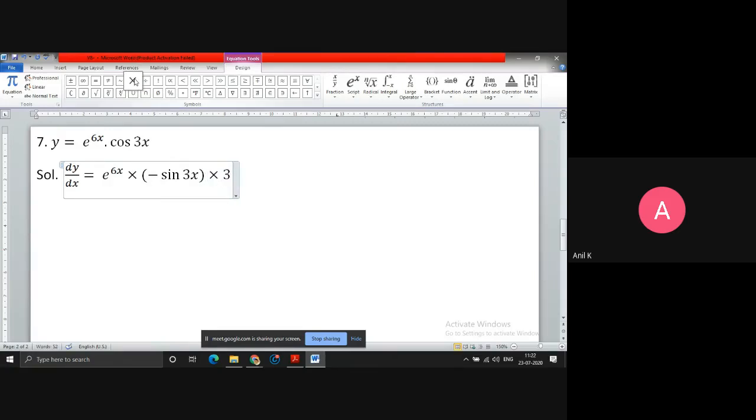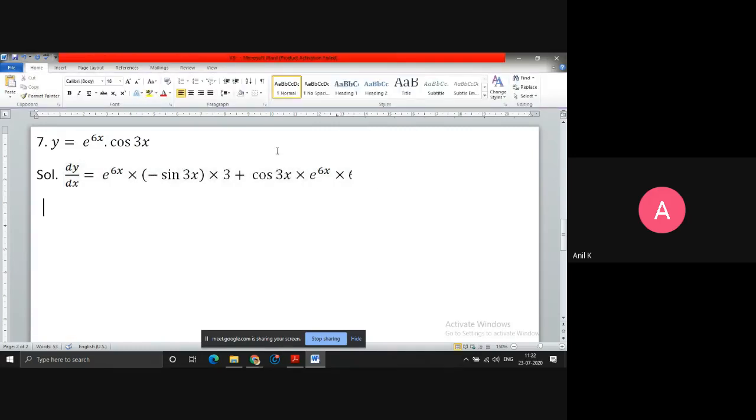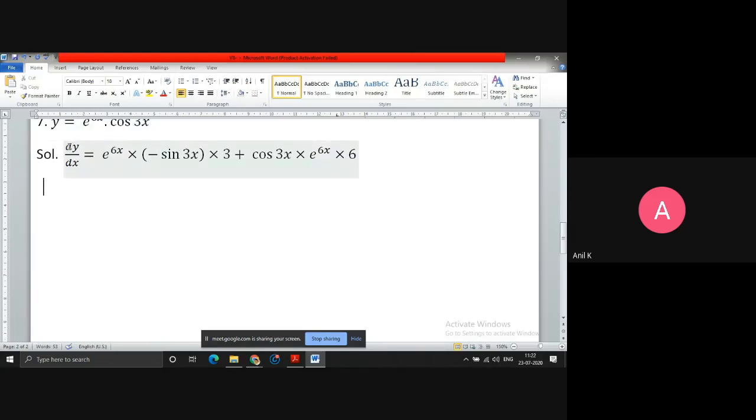Plus v, that is cos 3x, into derivative of u. Derivative of e power 6x is e power 6x into derivative of 6x. Derivative of 6x is 6.